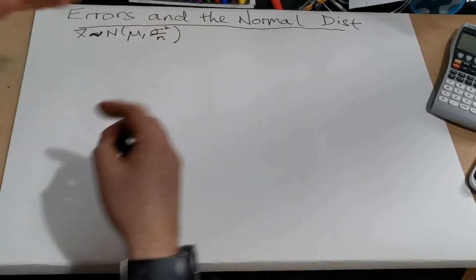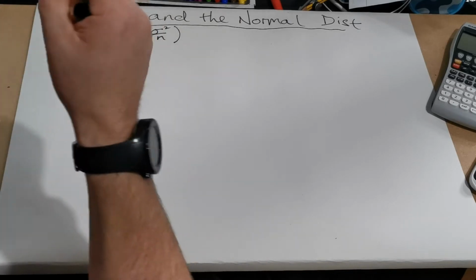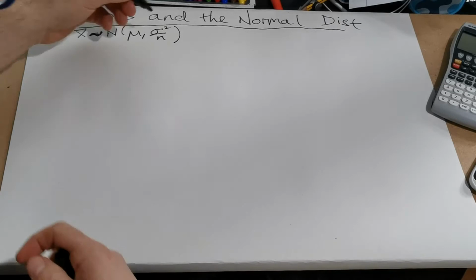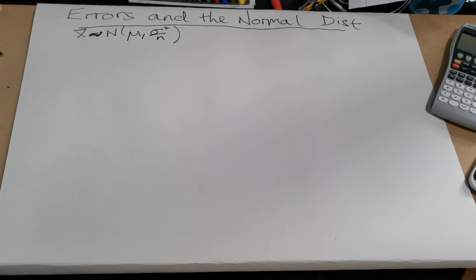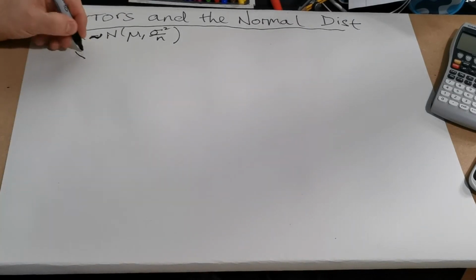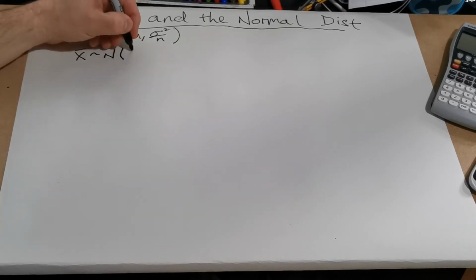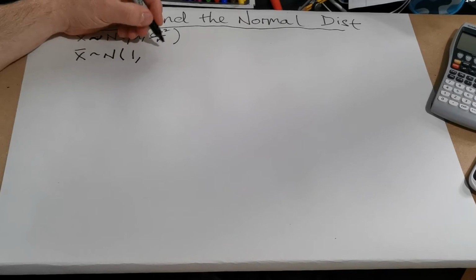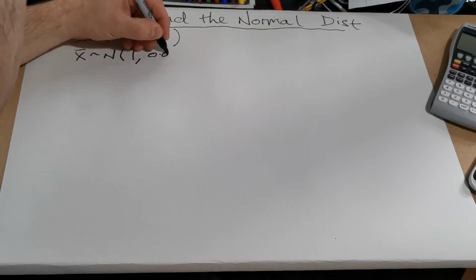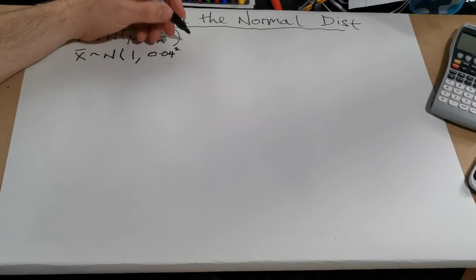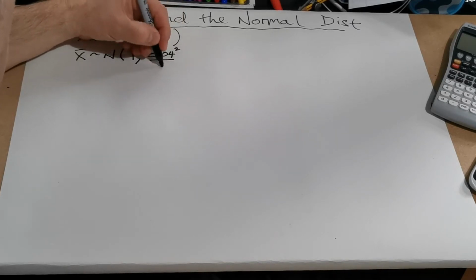Remembering that we get a much narrower distribution if we're looking for the means of particular samples and seeing how they're distributed. So that's why it's the divide by n. So reading from the data, we've got x bar distributed normally with a mean of 1 and a standard deviation of 0.04, so that's 0.04 squared over 10 bags.